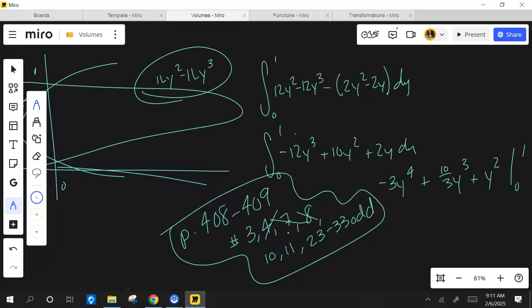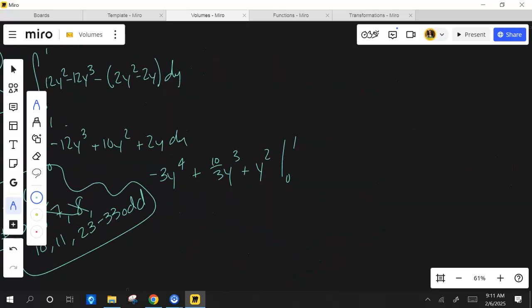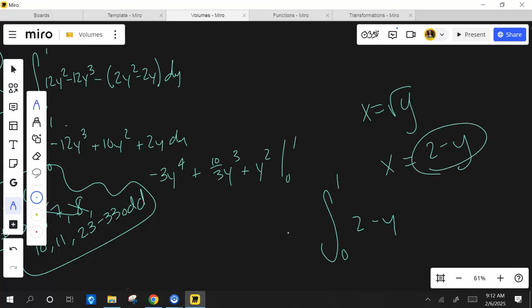But if you do it with respect to y, then you'd have x equals the square root of y, and x equals 2 minus y, and you could just do the integral from 0 to 1 of this one minus that one.